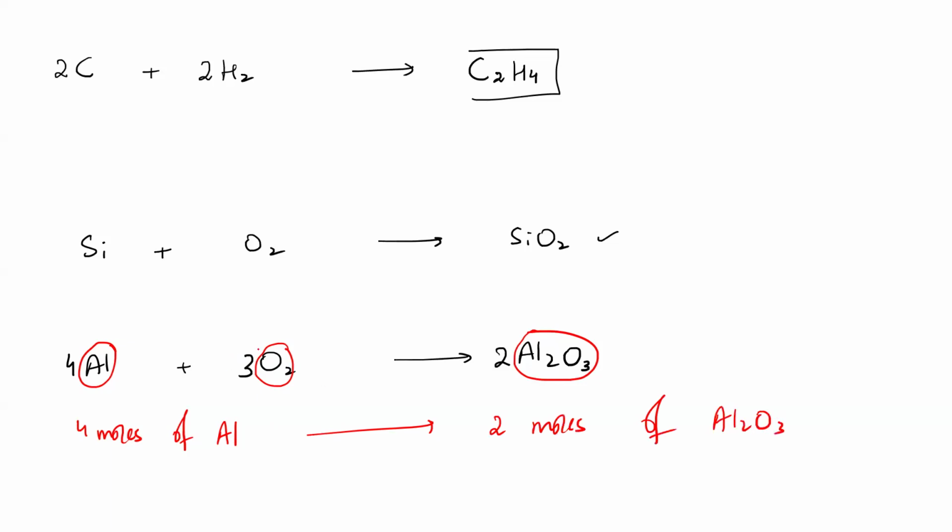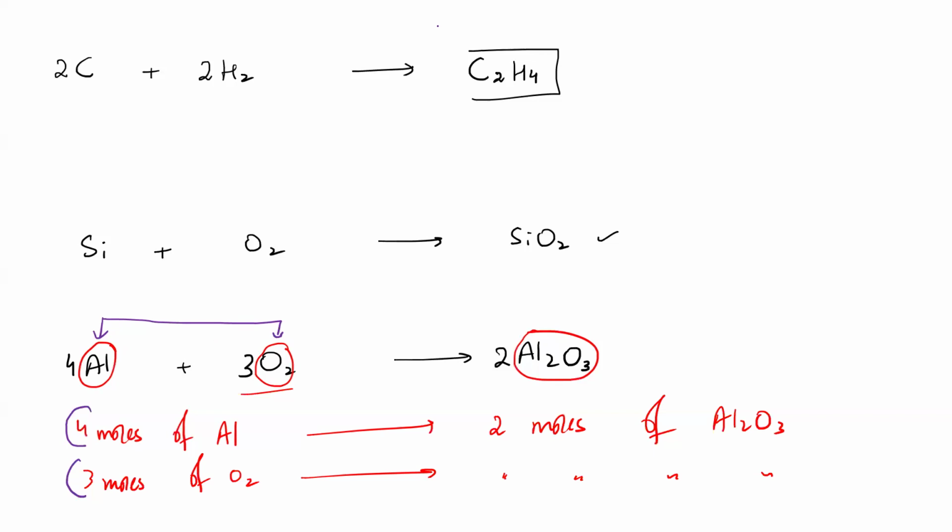Okay. Similarly, if we talk about how many moles of oxygen are required, that's 3 moles of oxygen needed to make 2 moles of aluminum oxide. So now based on this mathematical analysis, can we identify which of these substances, aluminum or oxygen, is going to be consumed faster, is going to be consumed more?